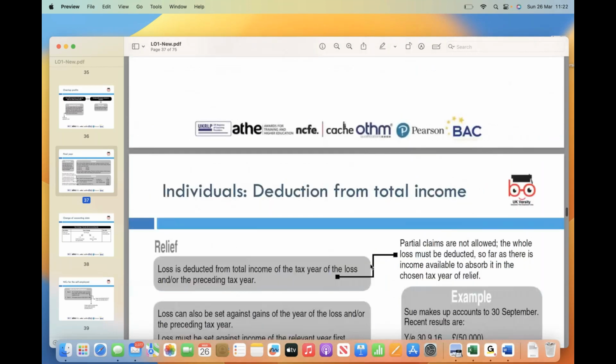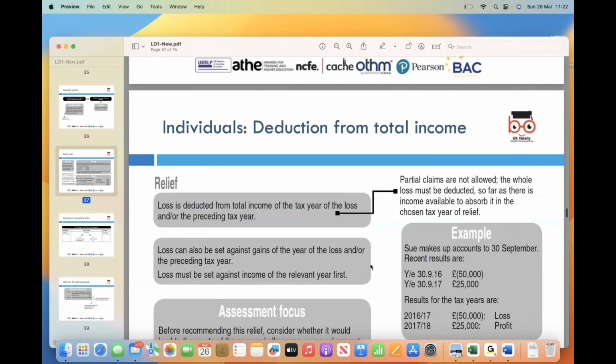So, deductions from total income. To relieve a loss, it can be deducted from the total income of the tax year of the loss and or the preceding tax year.